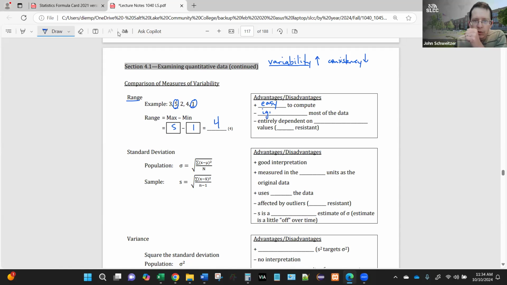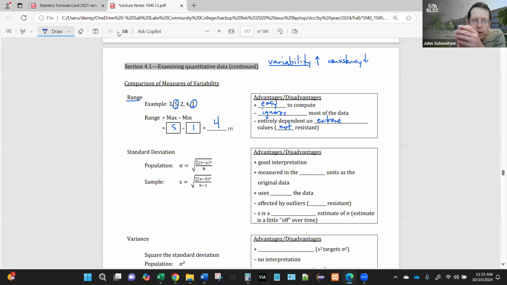It ignores almost all of the data. And it's entirely dependent on extreme values. So it's about as not resistant as you can be, right? It's based on any outliers, any extreme values you have. So it changes quite a bit if you have outliers. So it's not resistant to outliers at all. But that said, it's easy to compute and it does give us information.